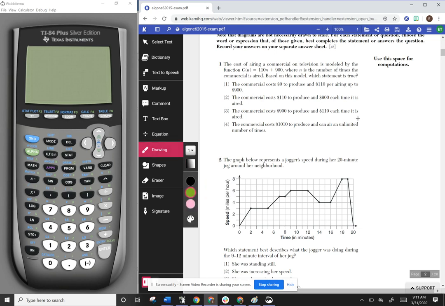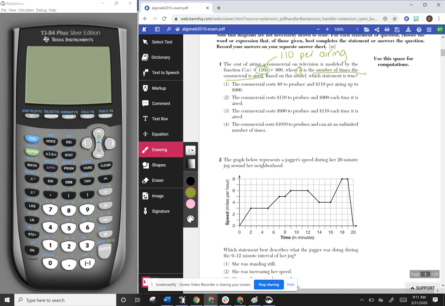So we know that when it's times a variable, this is 110 per something, and that should be told in the context of the problem. It says n is the number of times the commercial is aired. So $110 per airing.